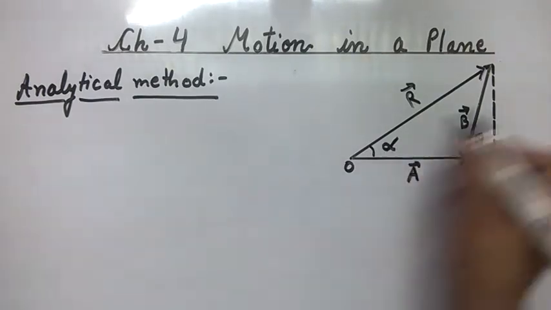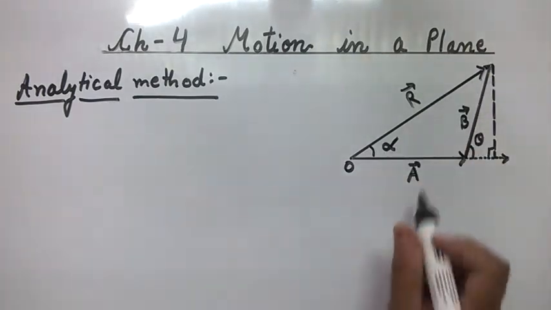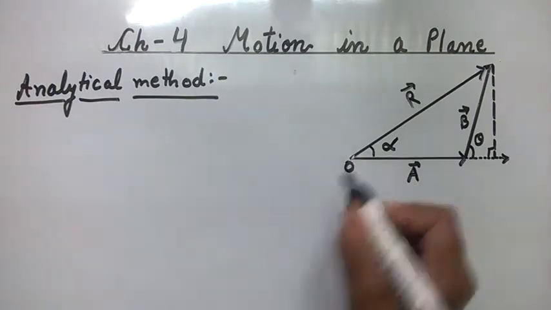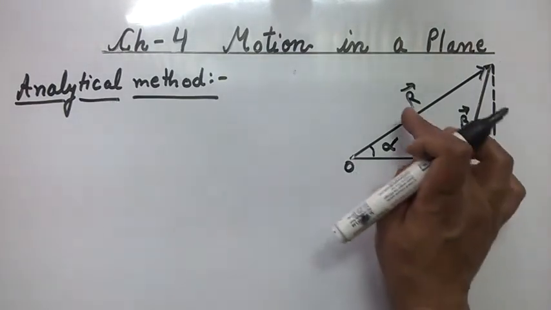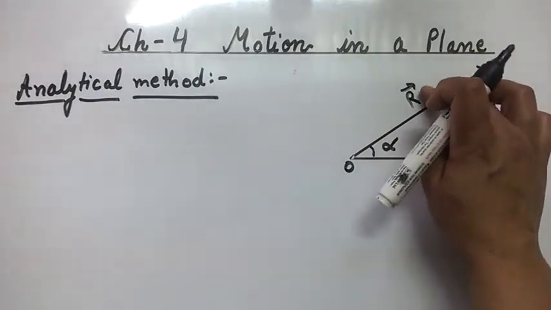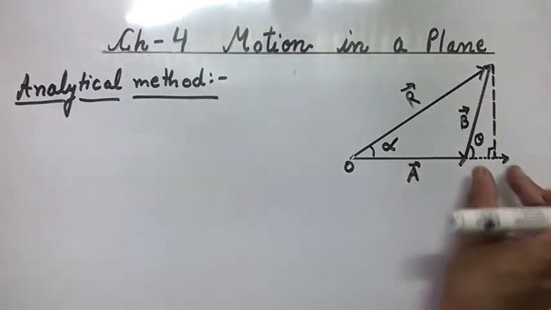This is a right angle triangle. Now we have done this construction. If we want to find the magnitude of the resultant vector R, then this base and this perpendicular must be known to us.